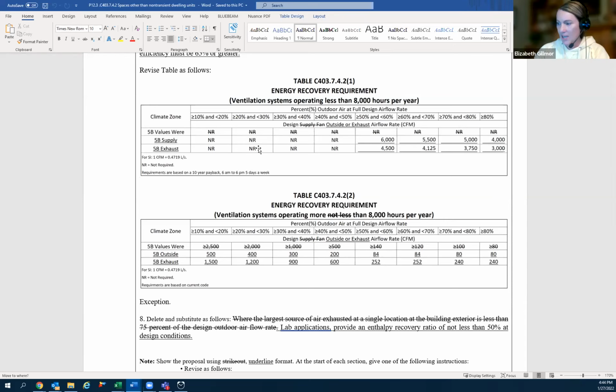Yeah, hey everybody. Mike, I just have a question for you as to a recent project where this came up, on a healthcare project where this was an inpatient type of thing, where they would trigger the energy recovery requirement. They're perfectly happy to do a runaround loop, but they would absolutely not want to do a recovery wheel.